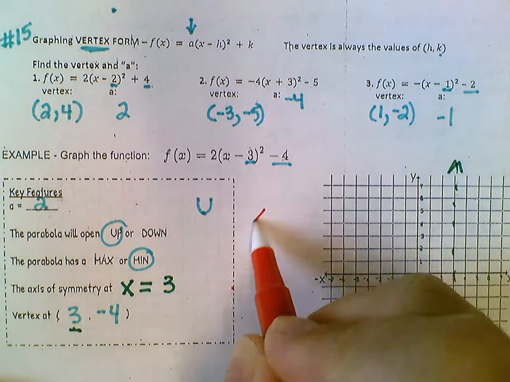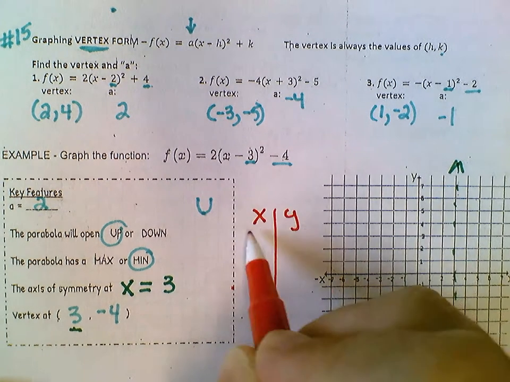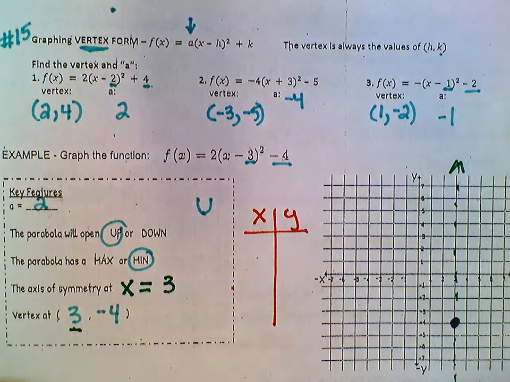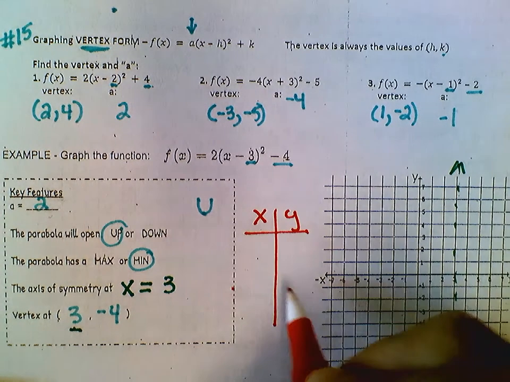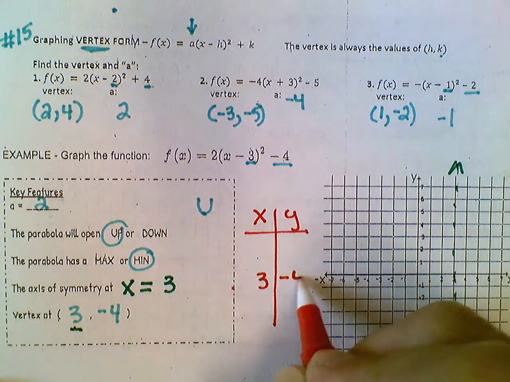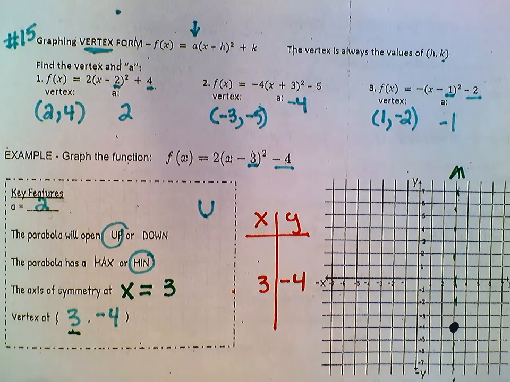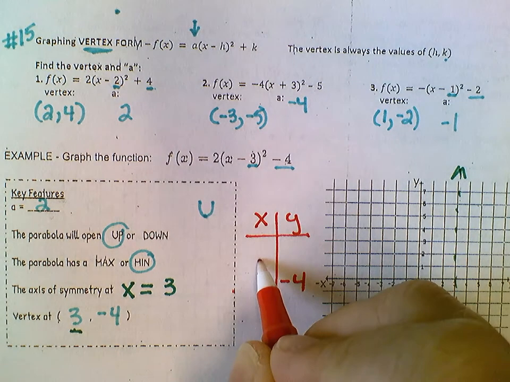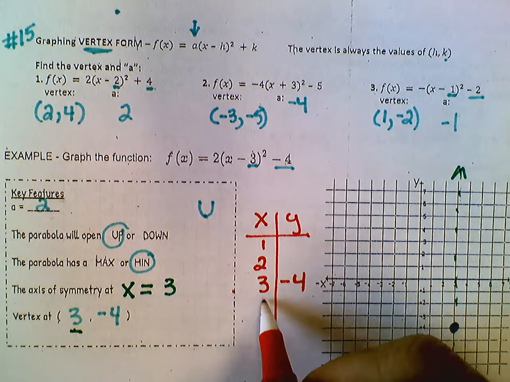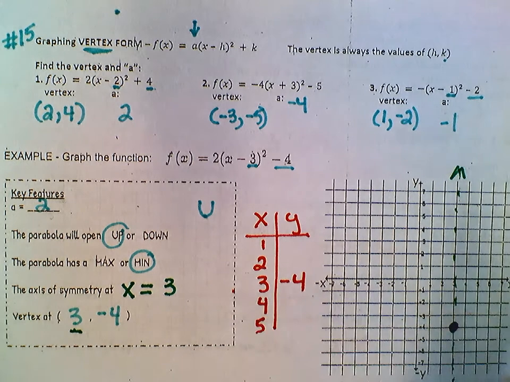But I don't know any more points, so I can easily use a table if you would like. I have the vertex at 3, -4, so I'm putting that in the center. And then I count to the left 2 and 1, and to the right 4 and 5.